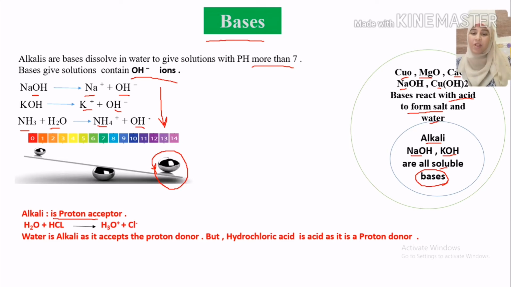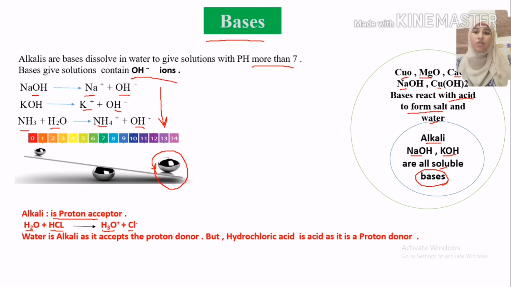So if we have a chemical reaction between water and hydrochloric acid, we will have hydronium ion H3O positive plus chloride ion. You can be asked inside the exam to tell which one is the acid, which one is the base, and what the meaning of acid and base is. In this question, you must know that an acid is a proton donor.